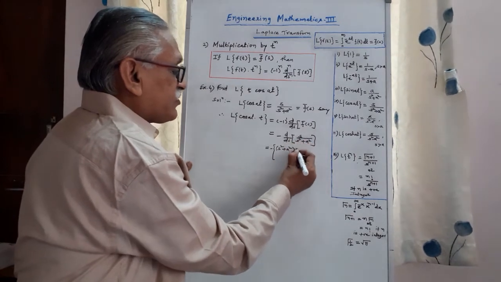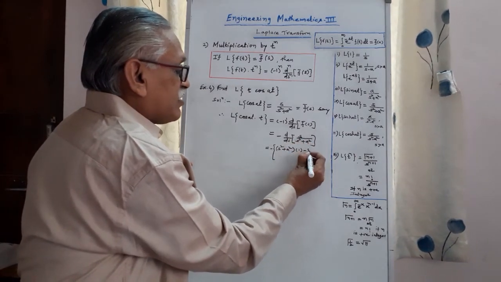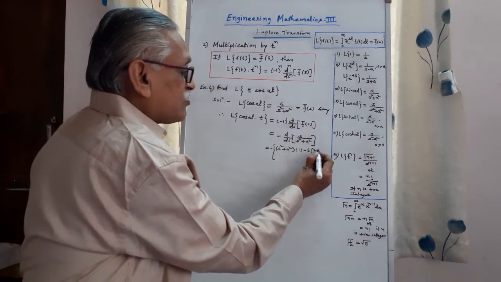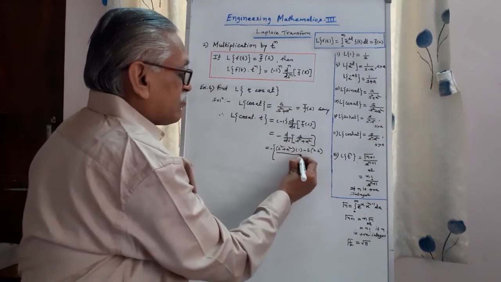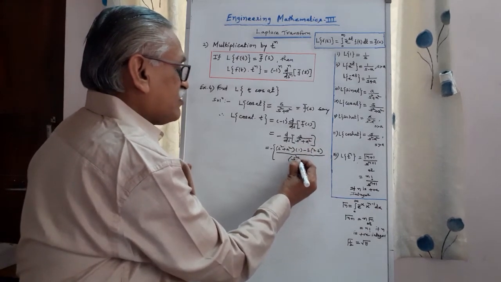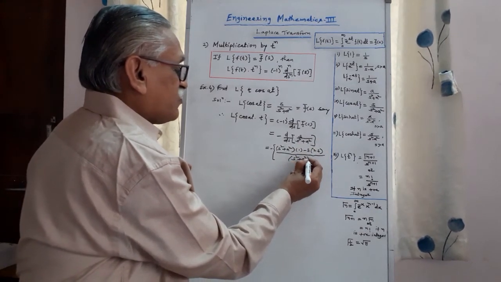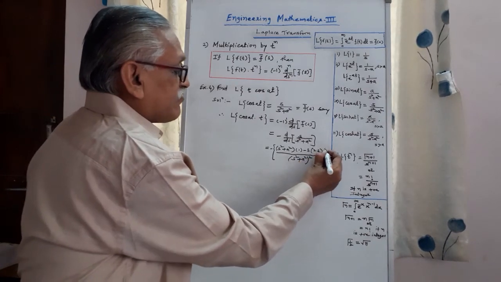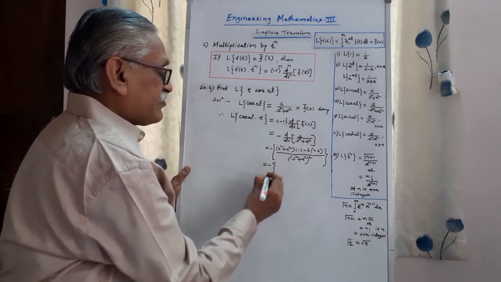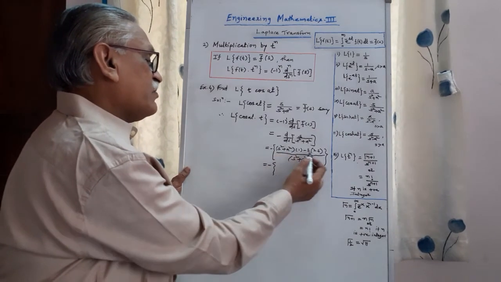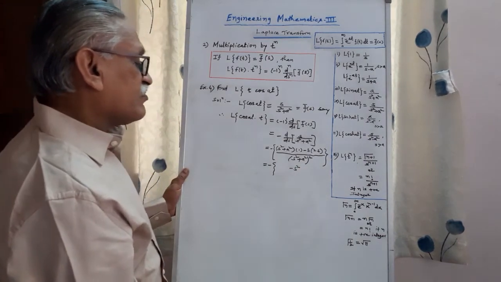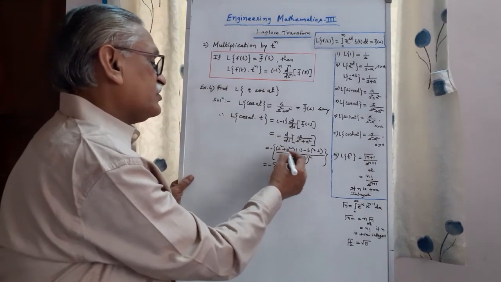The derivative of s with respect to s is 1, minus s, the derivative of this with respect to s is 2s, and divided by v square, which here is s square plus a square bracket square, and simplifying it, it is minus s square, we get minus s square, and this one is a square.